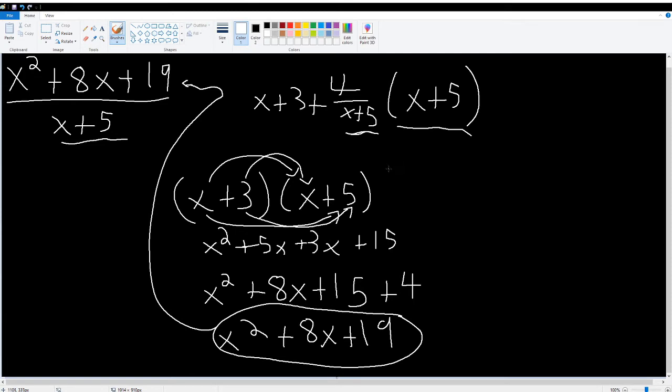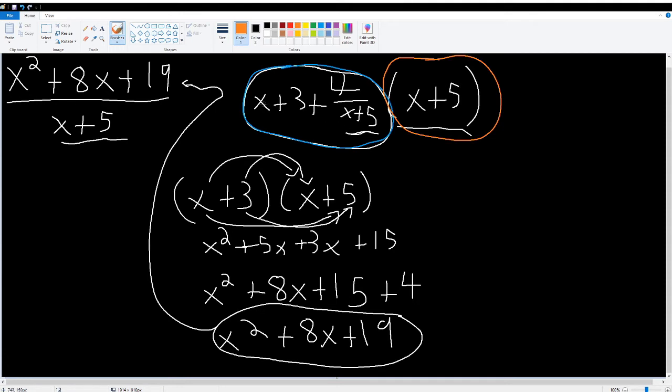And we checked by multiplying the quotient, which is this guy, let me circle this in blue. Our quotient multiplied by our divisor gets our dividend.